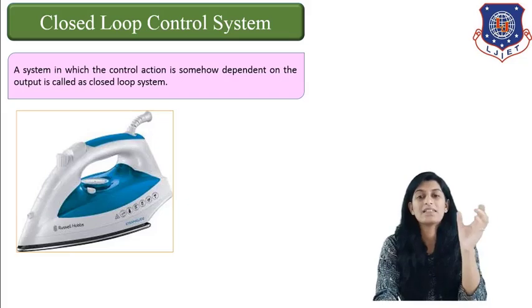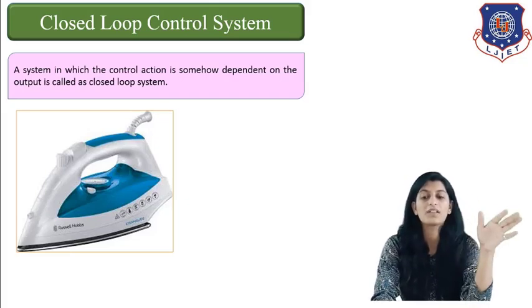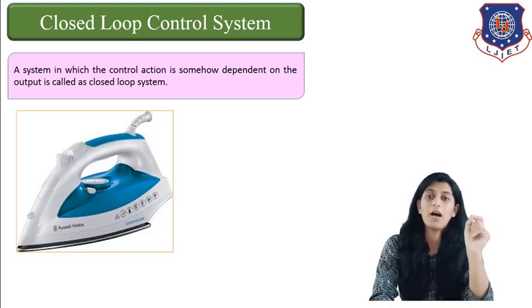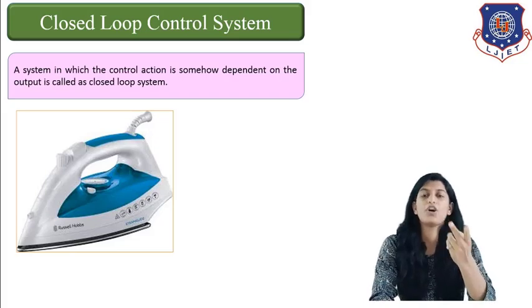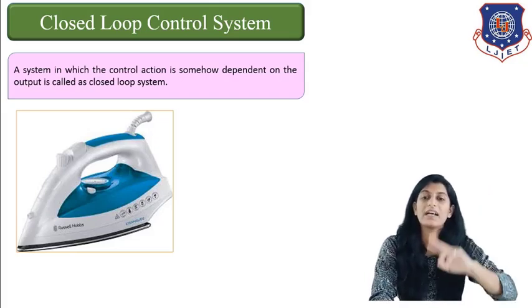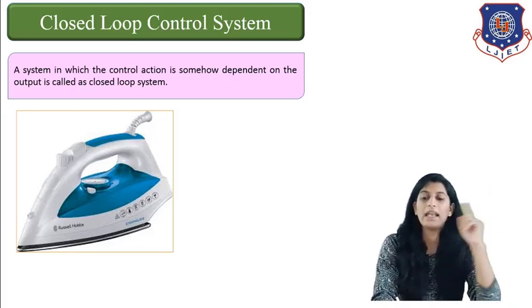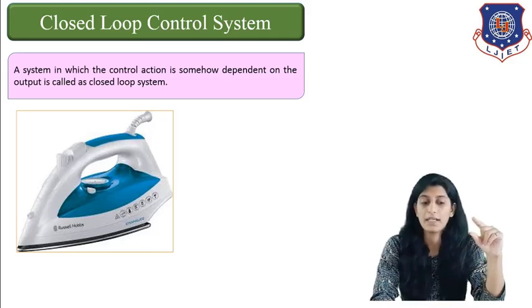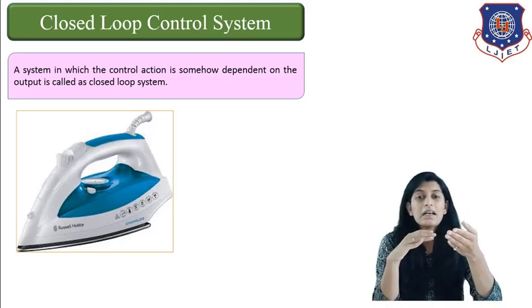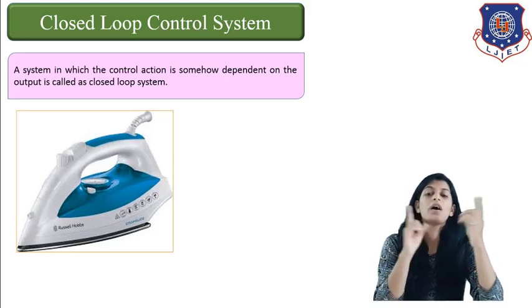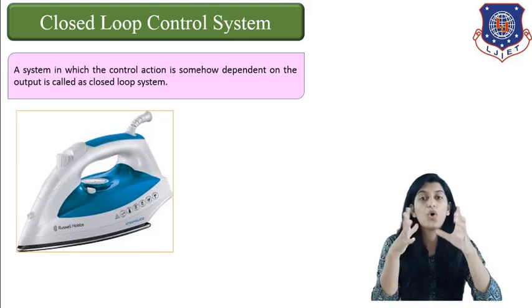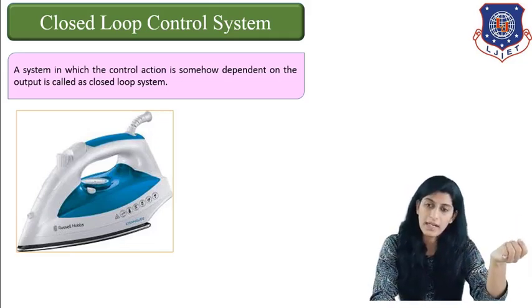Once the heating element of the iron machine is heated to that much amount, it cuts off the heat. Once again, if the heat level reduces, it will switch on the heat again and provide that suitable amount of heat, right? So the action, that is heating, is directly controlled by the system or by the mechanism. That's why it is known as a closed loop control system, correct?